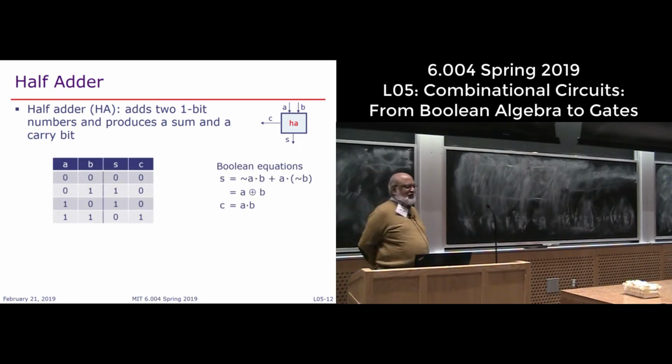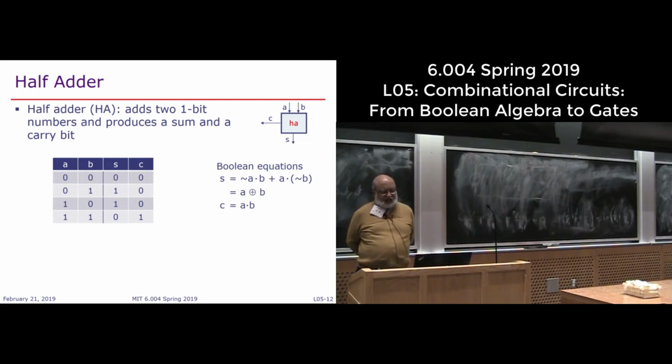Okay, so it doesn't take very long to figure out that this should be the truth table for half adder, that in order to produce a 1, at least one of the bits must be 1, and if both the bits are 1, then the sum bit becomes 0, but the carry bit becomes 1.